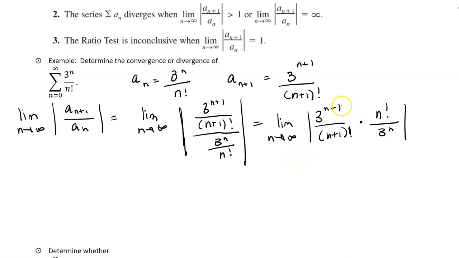So we're going to use the properties of exponents and the properties of factorials to break this down into something that I can reduce. I'm going to take that 3 to the n plus 1 power and write it as 3 to the n power times 3 to the first power, because that would give me 3 to the n plus 1.